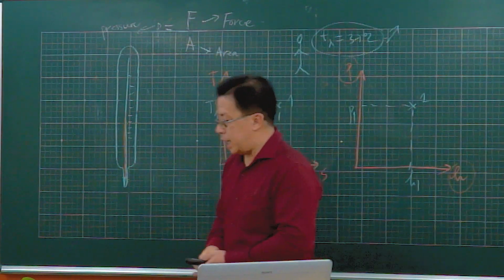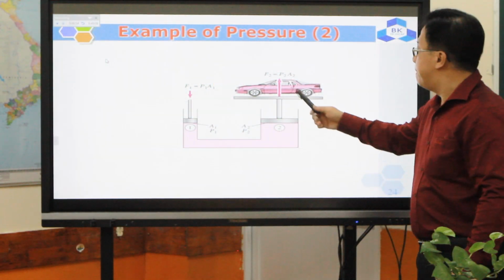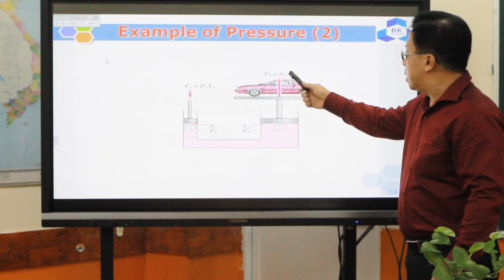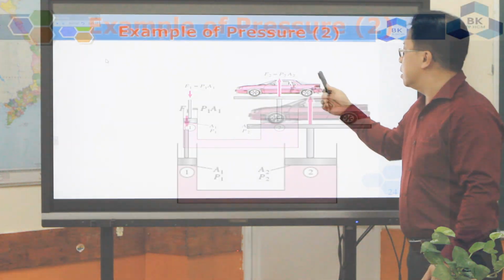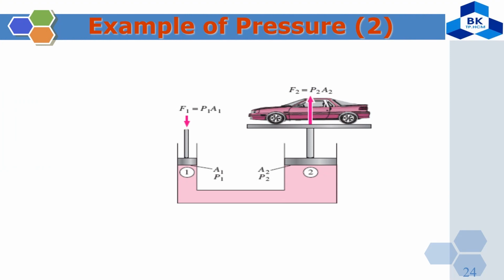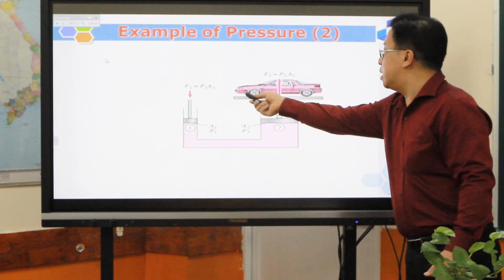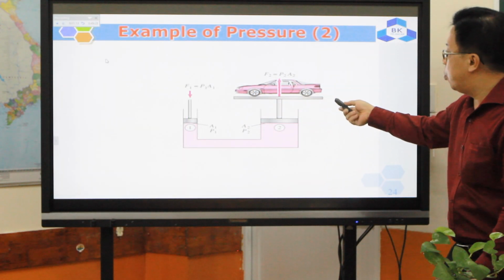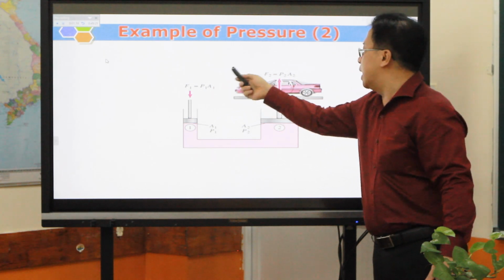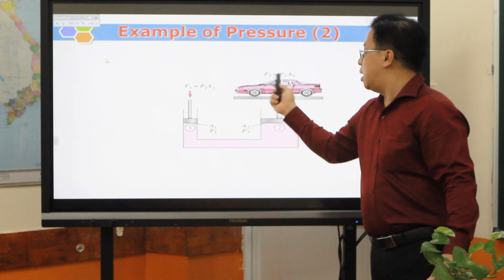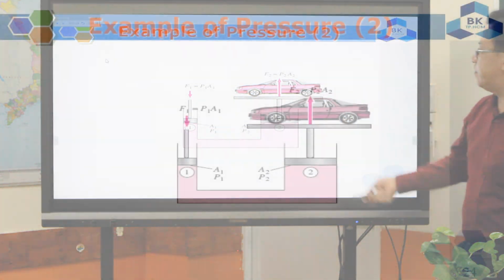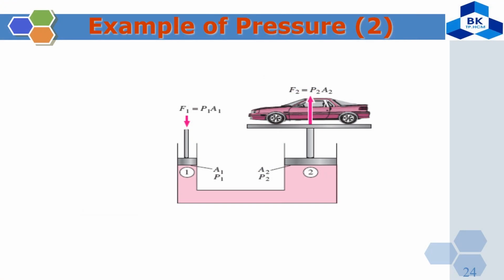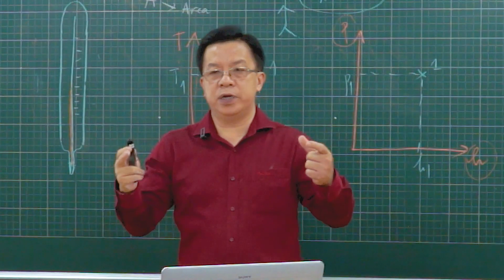In this case, the car has the pressure P2, and because the area is A2, we use this figure to try to make F1 equal to F2. That means we can use a small piece of equipment to lift up a big, heavy car, because the areas are different.